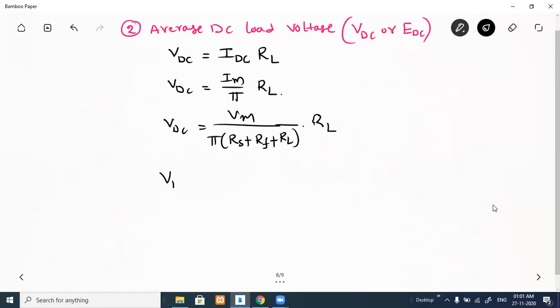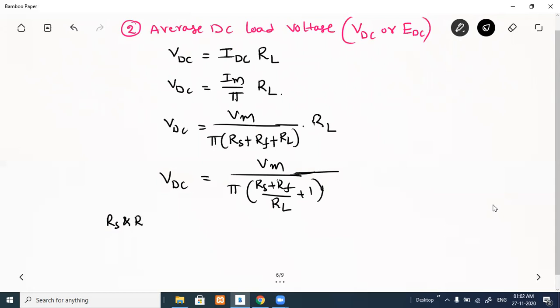So this VDC can be represented like this: VDC equal to VM by pi into RS plus RF by RL plus 1. Here RS and RF are very, very small.